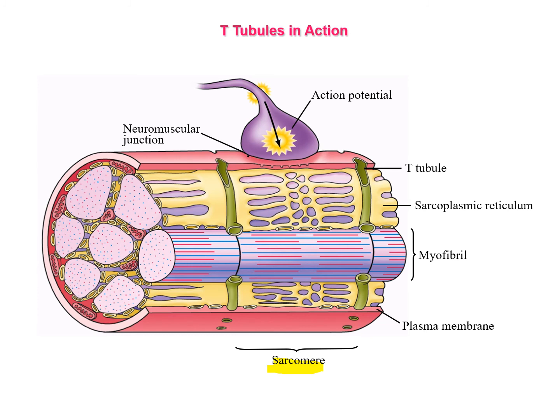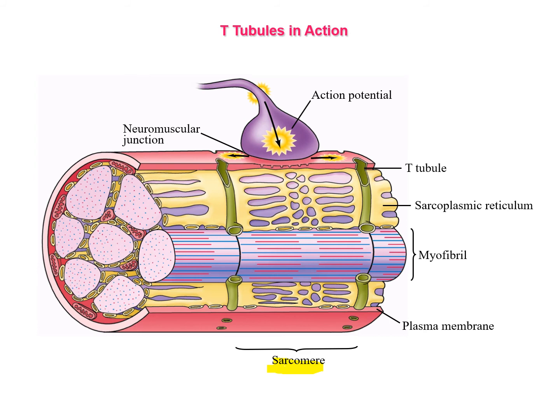Okay, so an action potential arrives, causing depolarization of the axon terminal and release of the neurotransmitter that drifts across and binds to the receptors in the motor end plates that act like channels. The sodium goes in.